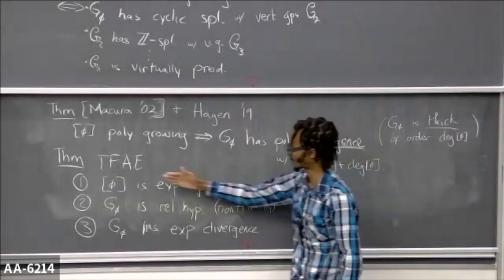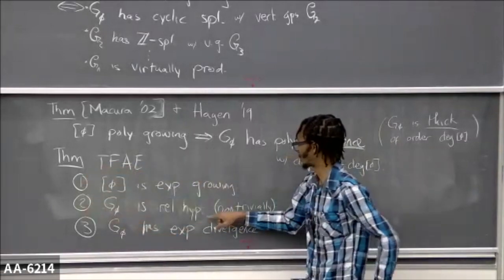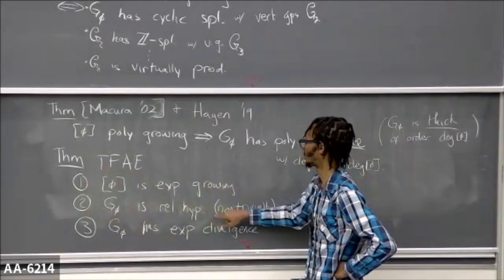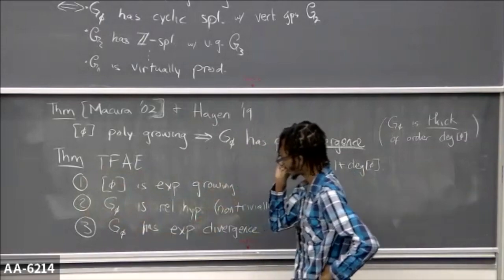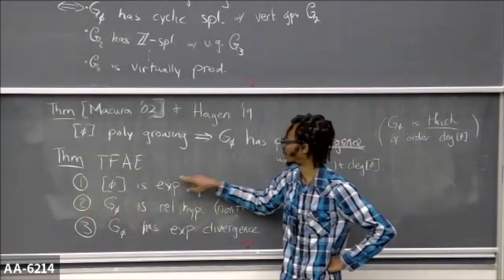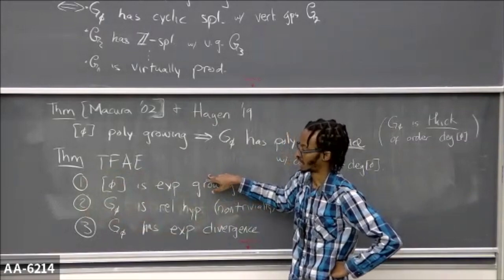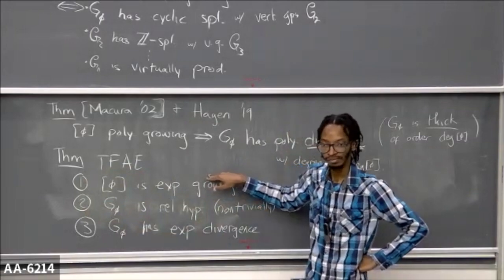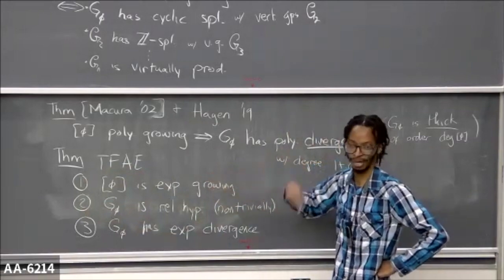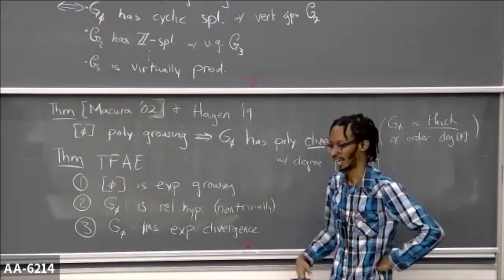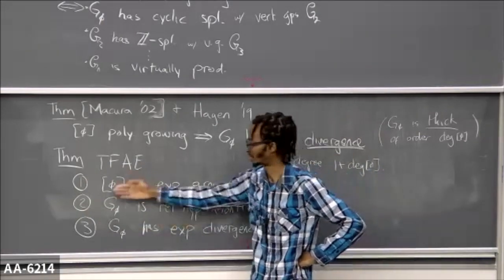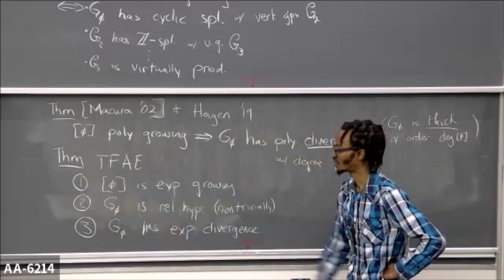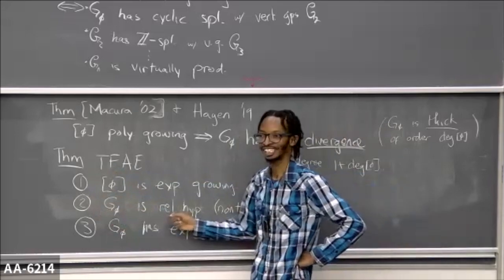But I guess in this proof here, they prove that you can have a relative hyperbolicity relative to the... So if you're exponentially growing, then there is a maximal polynomially growing subgroup in your free group, and it's invariant, so you can take its mapping torus, and those are going to be the peripheral subgroups in this implication one implies two. But once you have that, you can put lots of different relatively hyperbolic structures.